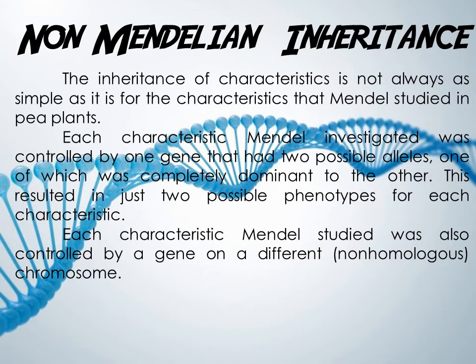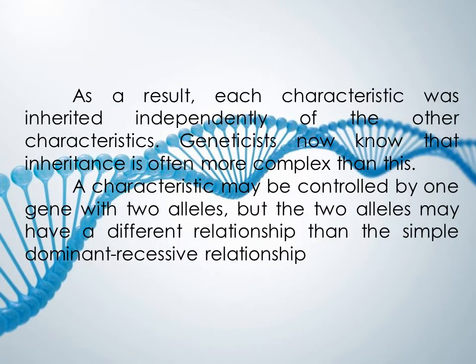This resulted in just two possible phenotypes for each characteristic. Each characteristic Mendel studied was also controlled by a gene on a different chromosome. As a result, each characteristic was inherited independently of the other characteristics.